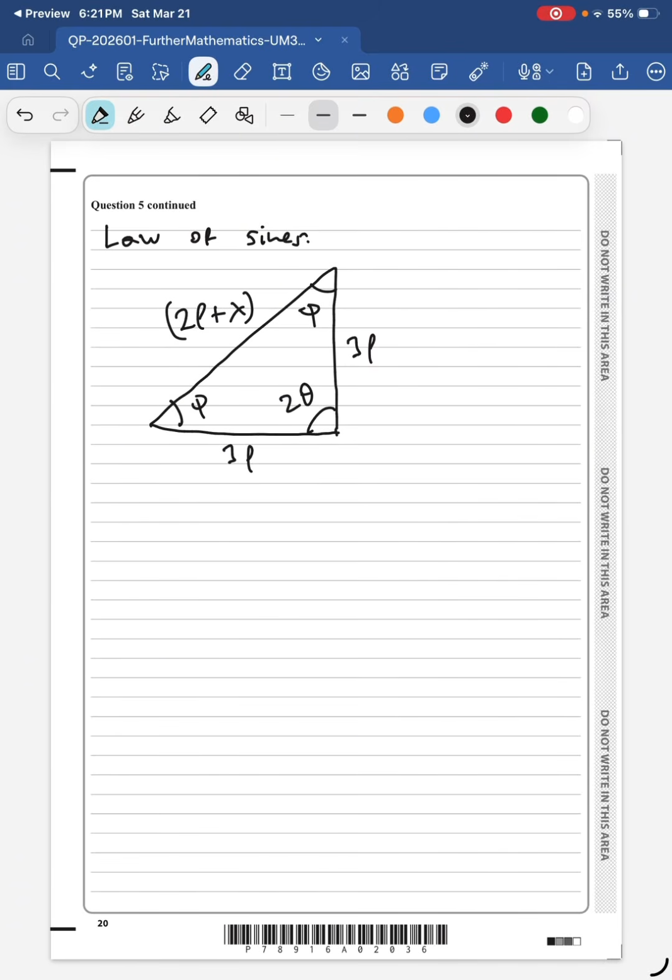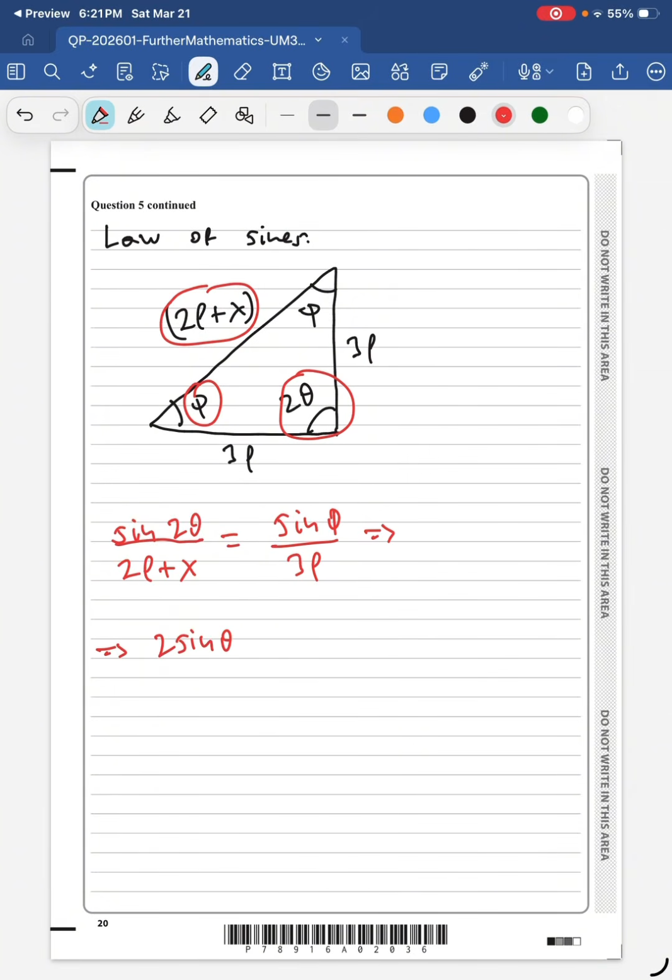Okay, so the law of sines says that sine of 2 theta over the opposite side, I mean the angle is looking towards that side, so sine of 2 theta over 2L plus x is equal to sine of phi over the side it looks towards, 3L. But then we can again use sine of 2 theta is 2 sine theta cosine theta over (2L plus x).